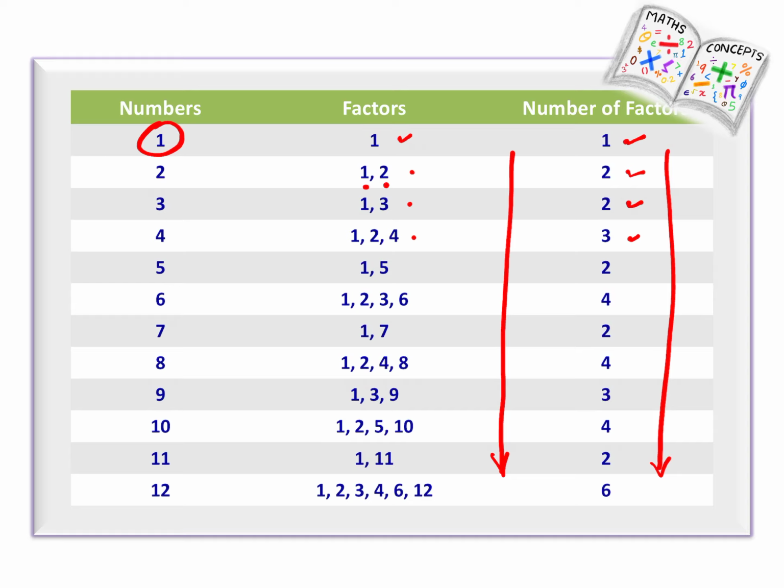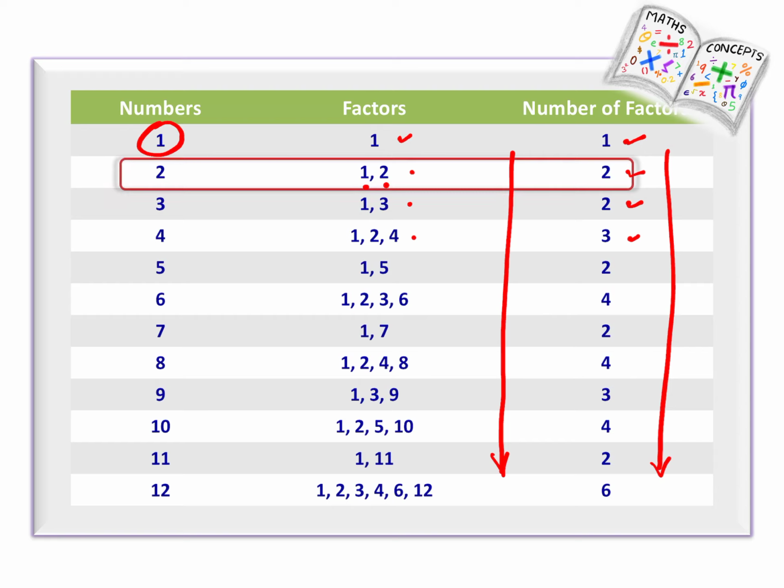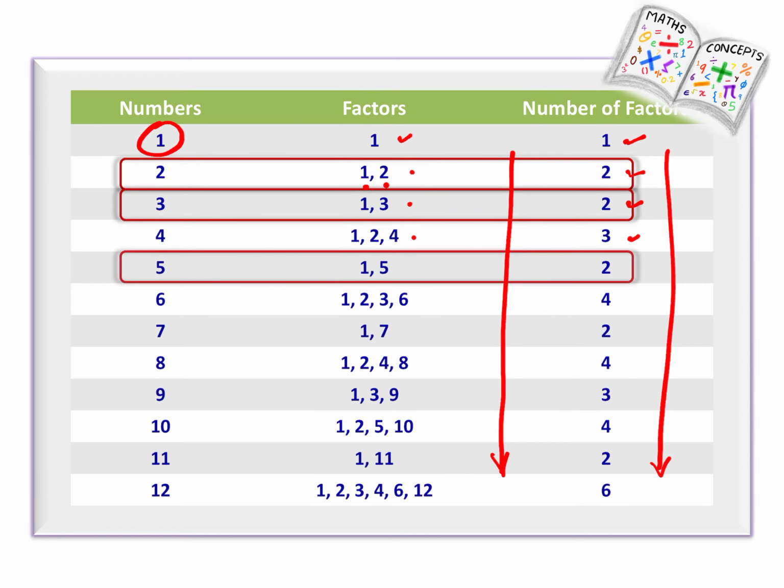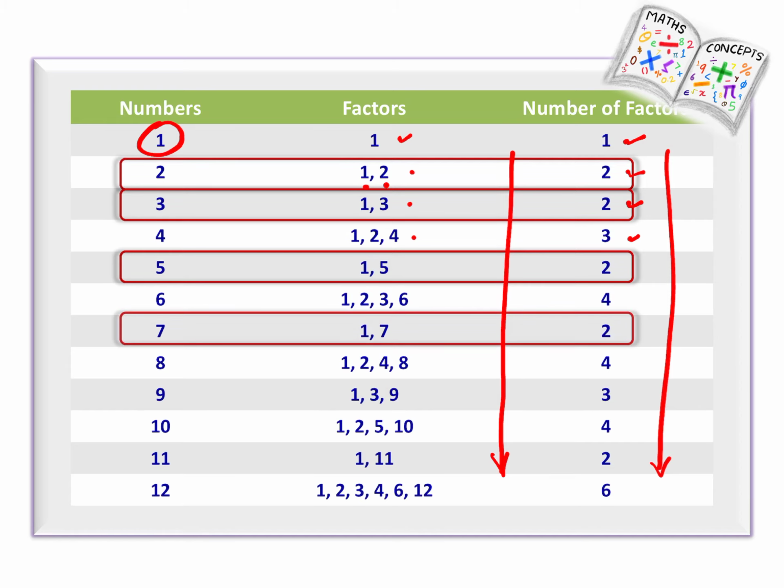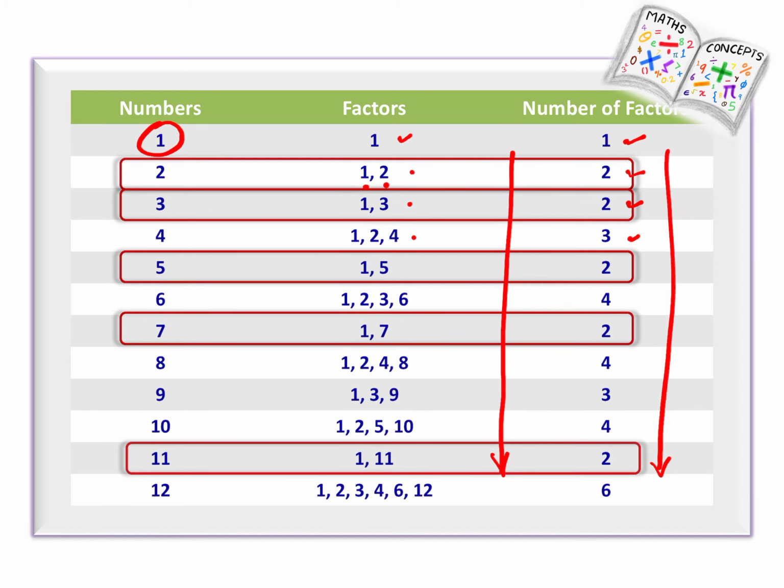Now there are few numbers which have exactly two factors, which are 2, 3, 5, 7 and 11. Now there is something special about these numbers as well. What is it? If you observe, the factors of 2 are 1 and 2, factors of 3 are 1 and 3, that is, one factor is 1 and the second factor is the number itself.